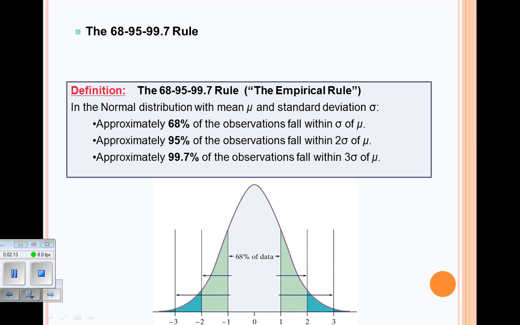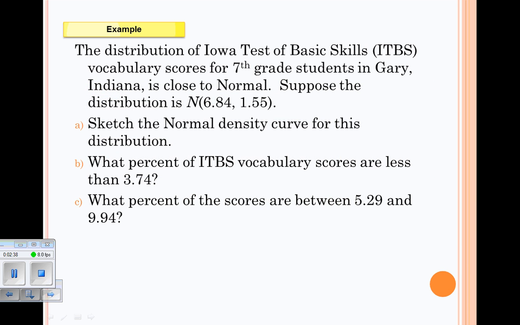When you go within two standard deviations, so the mean plus or minus two standard deviations, you're at 95% of the data. And the mean plus or minus 3 standard deviations, you've incorporated 99.7% of the data. So if you're more than 3 standard deviations away, you are definitely really in the abstract world. Not very many people are there.